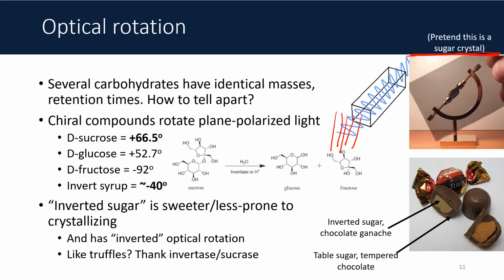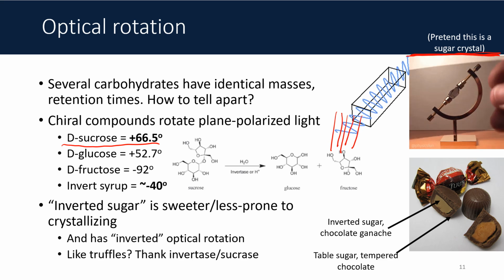Here are some examples. The sugar D-sucrose is going to rotate plane polarized light 66.5 degrees to the right, okay? And hence we use a positive sign to denote rightward rotation. D-glucose, which is a component of sucrose, rotates plane polarized light a little differently.